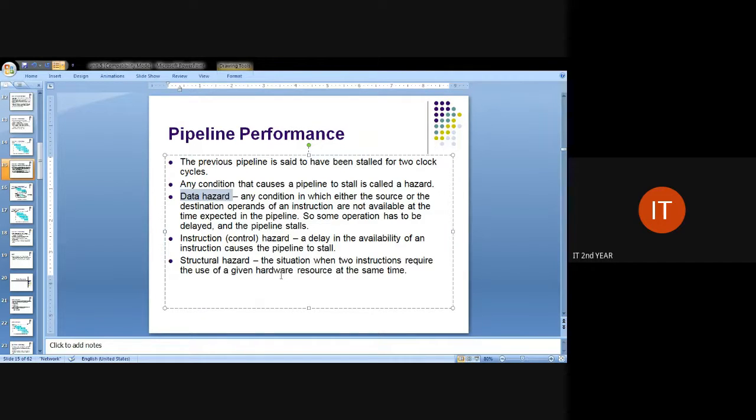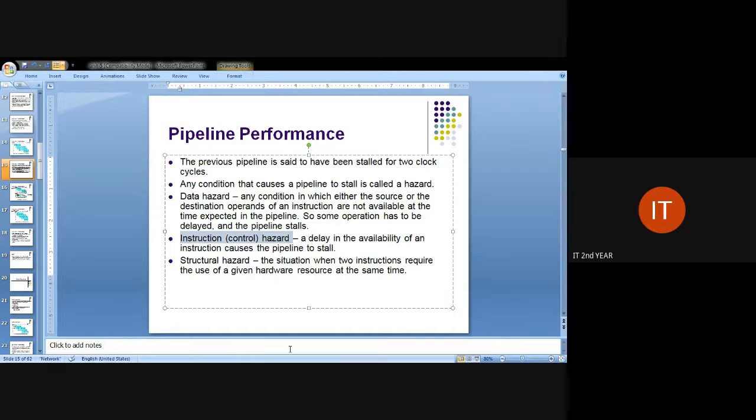So next one is instruction hazard. It is otherwise called control hazard. Why it is called control hazard: the instructions we are going to process are based upon the control instructions. We are very familiar with the basic control instructions, right?